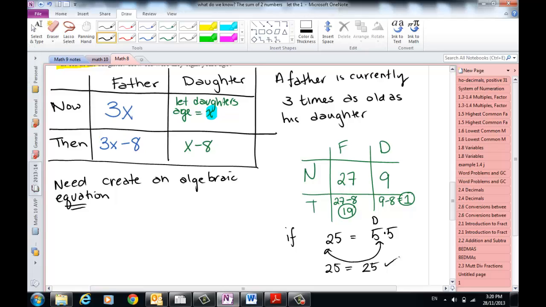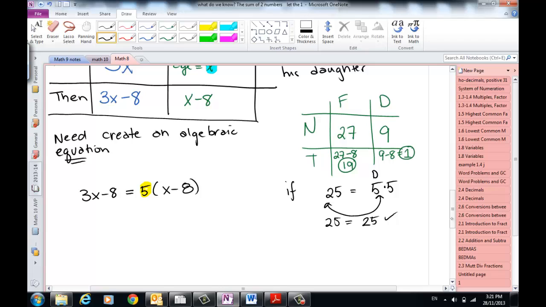So if I know that the father is 5 times as old as the daughter, that means the father's age is 5 times more already. So this 3x minus 8 is 5 times more than the daughter, which is why we have to put the 5 over here, because her age is smaller. So to make their ages equal, I need to multiply her age by 5. Now with that said, we can solve.